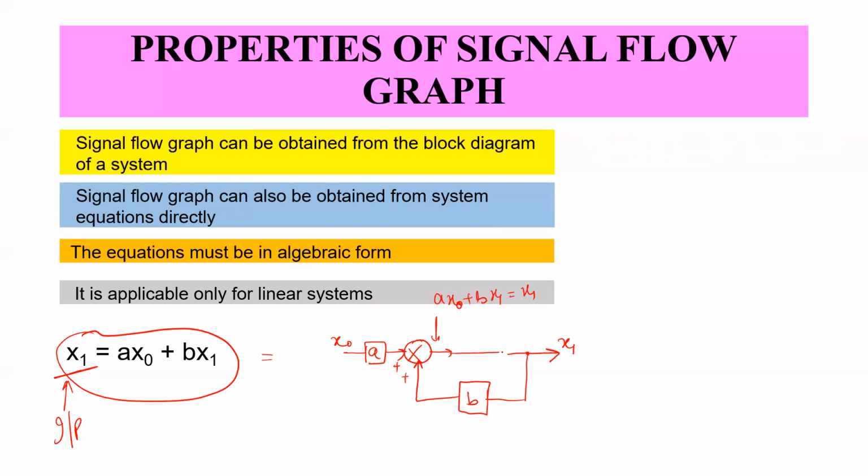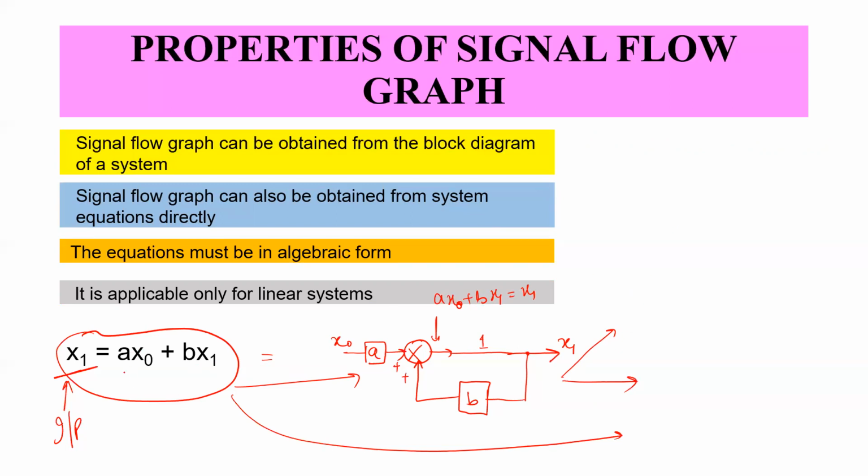So it has a unity gain, means this path will have unity gain. So this is the block diagram representation of this equation, right? So we can easily get the signal flow graph of this particular equation, right?